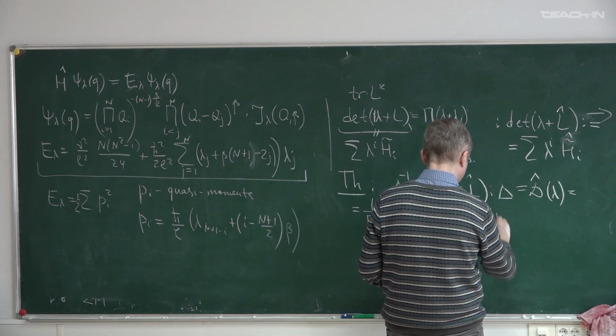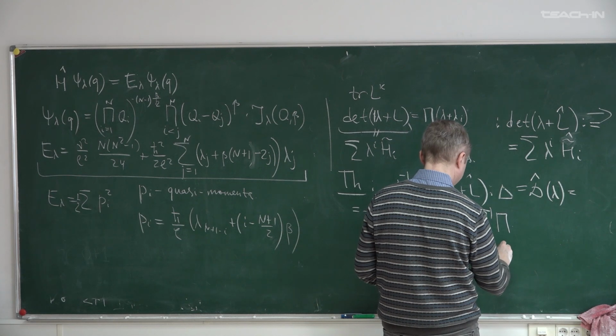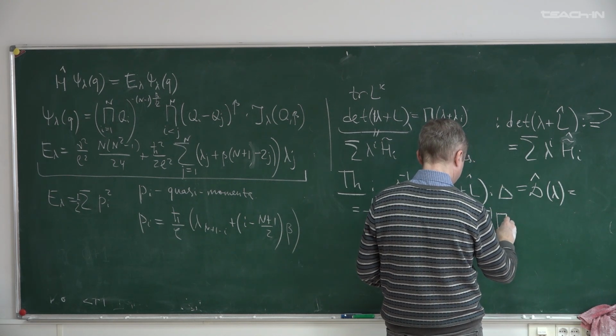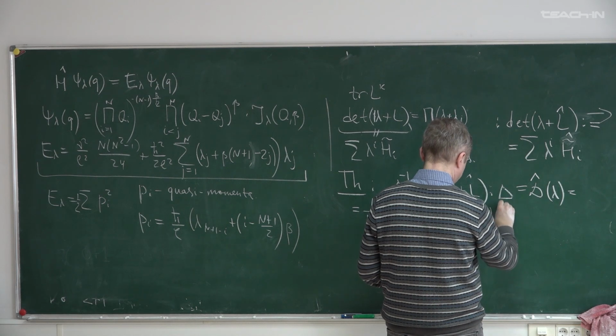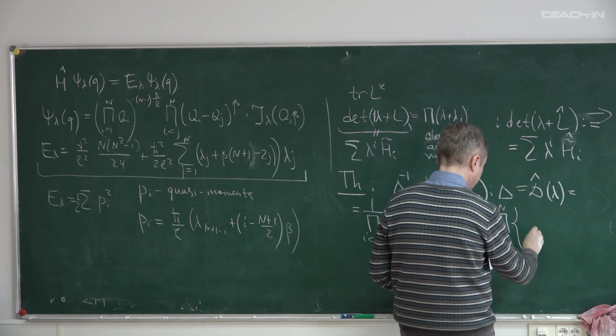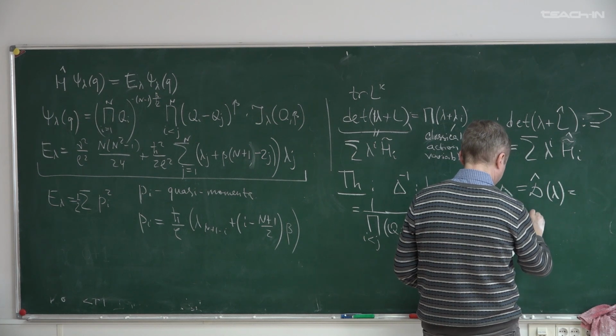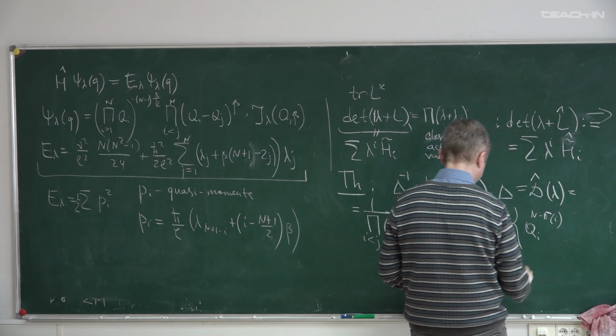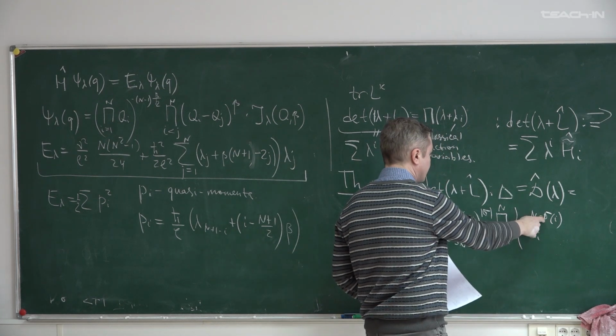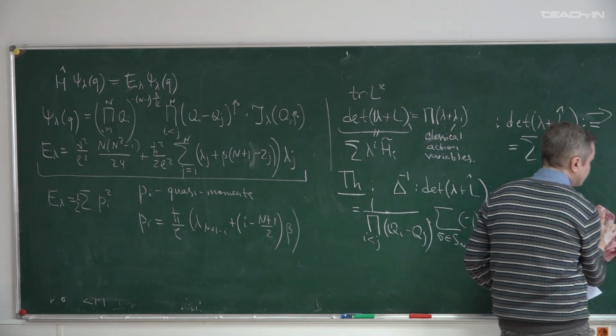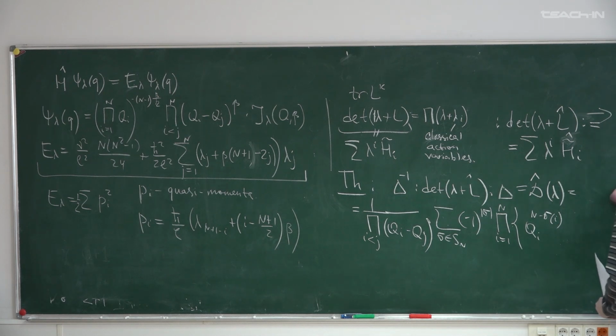And here we have also a product over i from 1 to n, q_i to the power of n minus this, sign of permutation. What is this? The normal order of the determinant equals the sum of numbers times h_i theta.